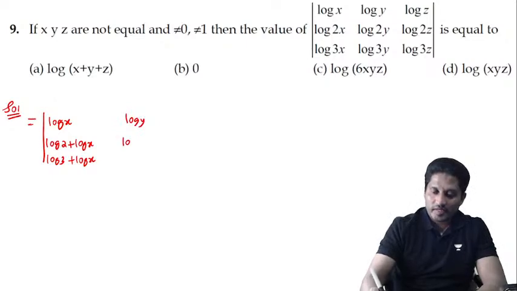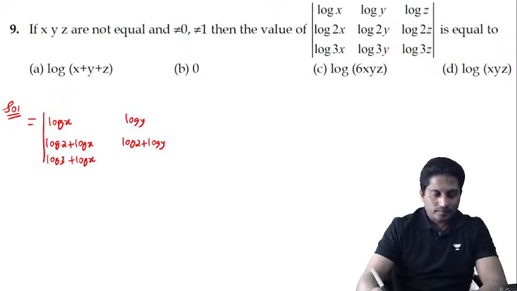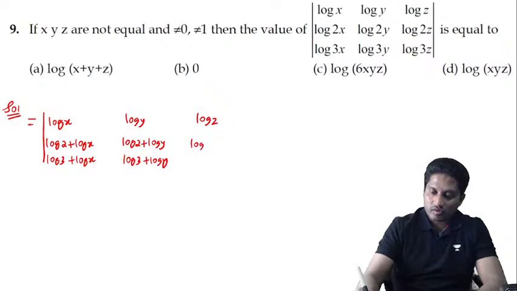Log 2y can be written as log 2 plus log y. Log 3y can be written as log 3 plus log y. Last column is log z. Log 2z can be written as log 2 plus log z. Log 3z can be written as log 3 plus log z.